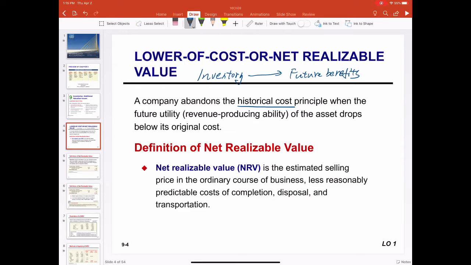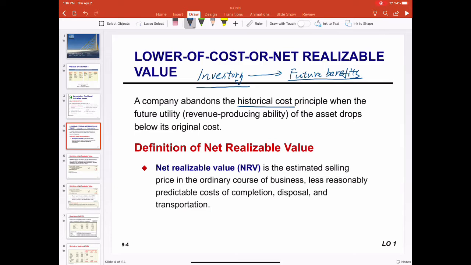And we know some inventory could lose value when time lapses, especially for grocery stores, fresh vegetables and fruits, and also electronics. These products or inventory will be subject to a decrease in their future benefits. That's why grocery stores provide discounts before their inventory becomes obsolete.